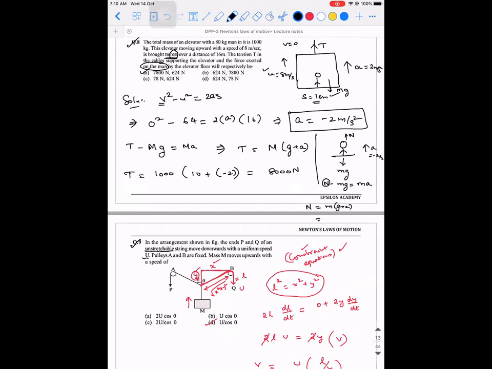So m is how much? 80 into g is how much? 10 plus acceleration is minus 2. So 80 into 8, it is 640. So answer close to 640. So the first option is right. So 640 Newton.